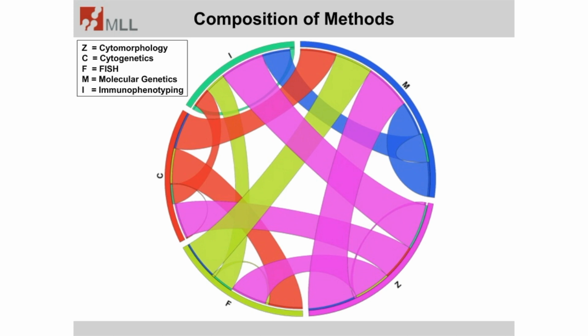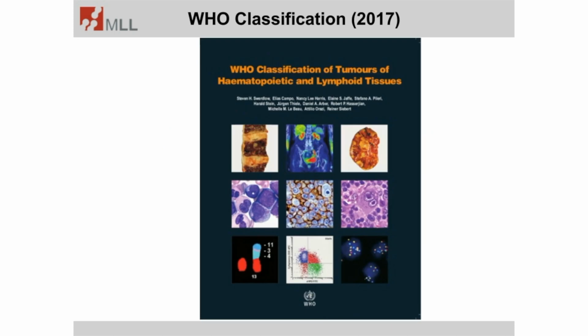Now, what does this mean for the gold standard of diagnosing leukemias and lymphomas today? This is the new cover of the updated WHO classification of tumors of hematopoietic and lymphoid tissues from this week or the next week, because this book is now available or will be available very soon.